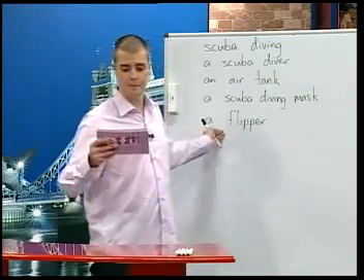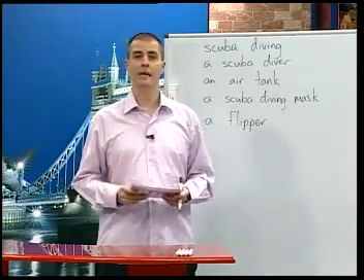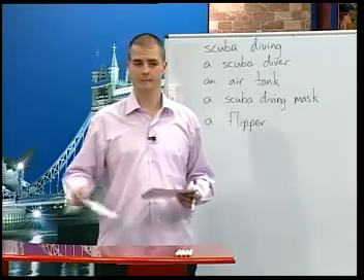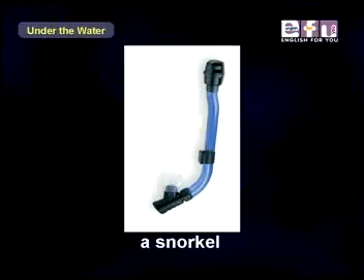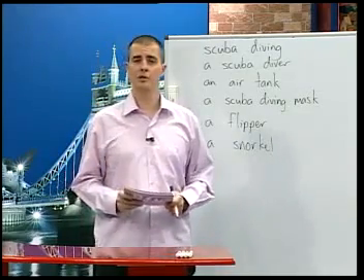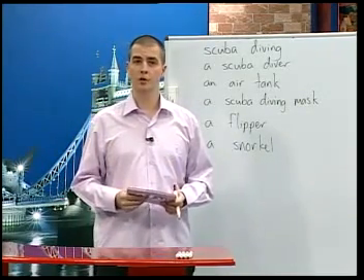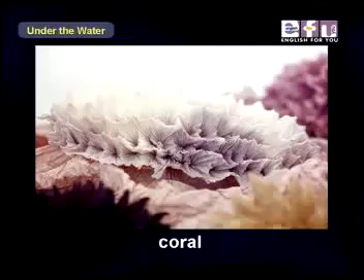A flipper is a large flat rubber shoe worn by divers to help them swim faster. A snorkel. A snorkel is a tube which allows a person to breathe underwater. A person who uses a snorkel is called a snorkeler.